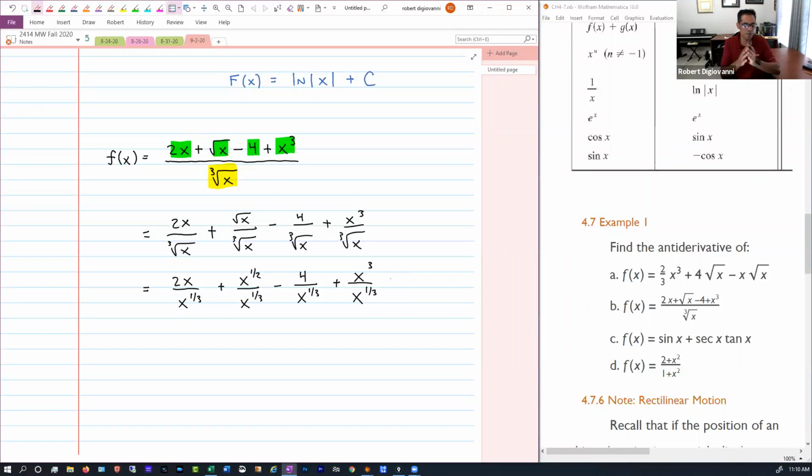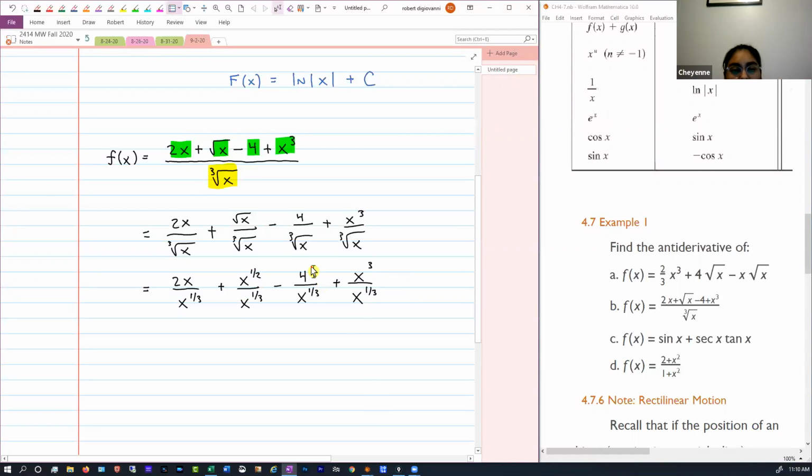Why did I decide to split it up and now I'm converting all the radical notations to rational exponents? Do you see where I'm going with this? What can we find the antiderivative of right now? What is the only thing we really know how to do that we actually have a formula for?